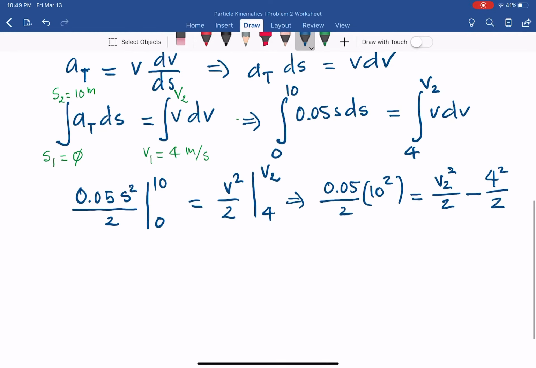And from here we have one equation, one unknown, v2.